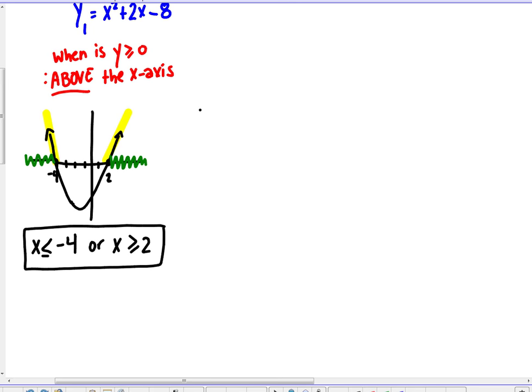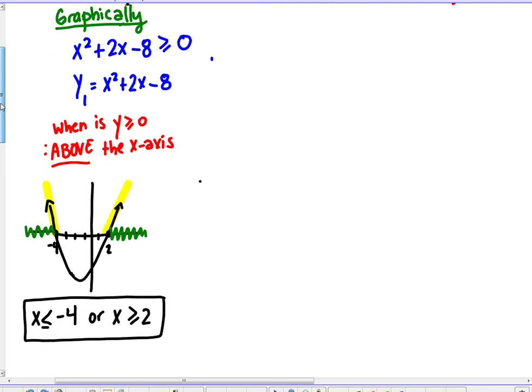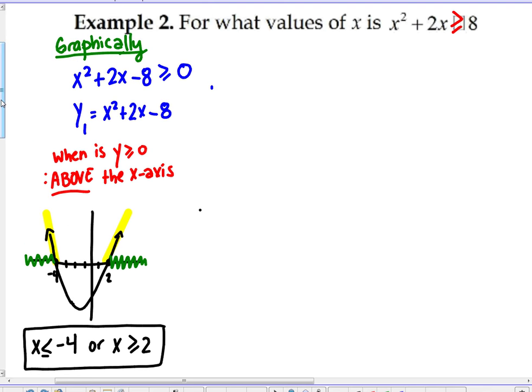Your calculator can shade. So no, that's not what we want. No, just ignore that. Okay, so there's another option graphically. So you could do y1 equal to x squared plus 2x and y2 equal to 8.